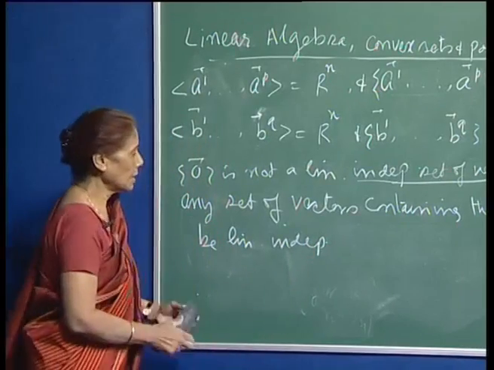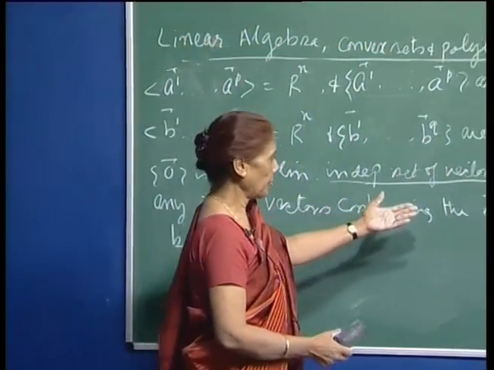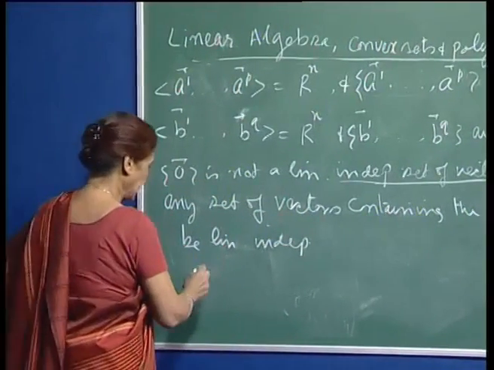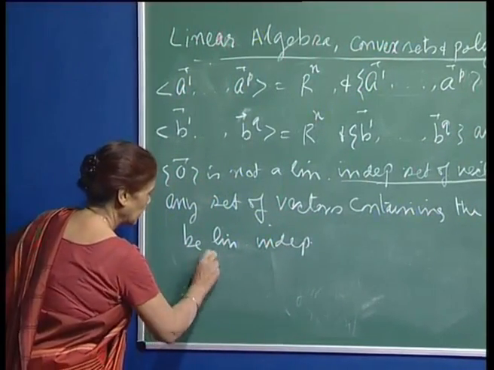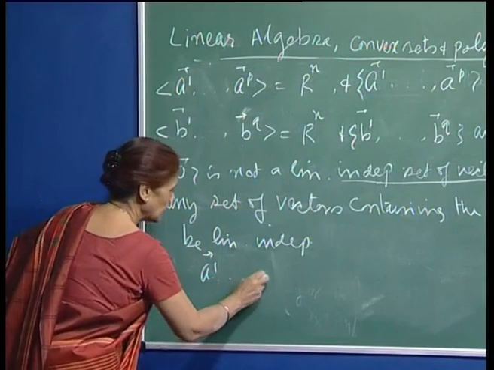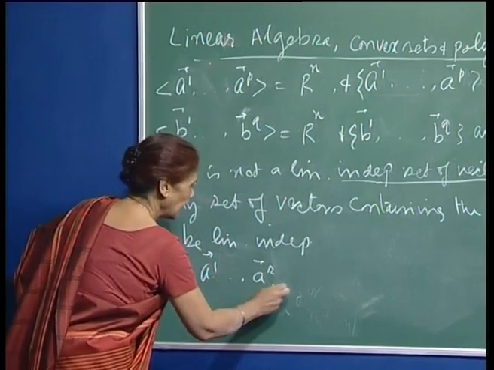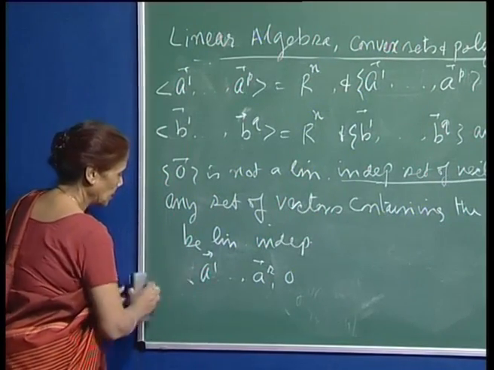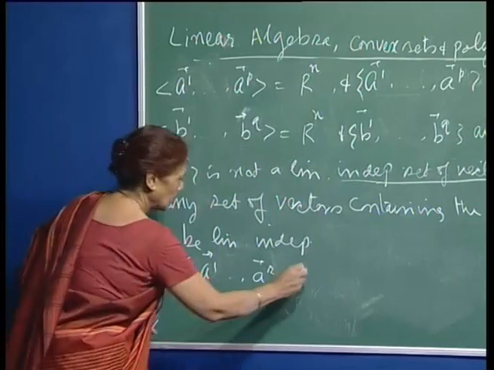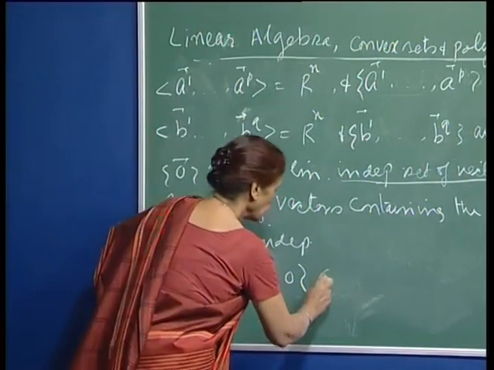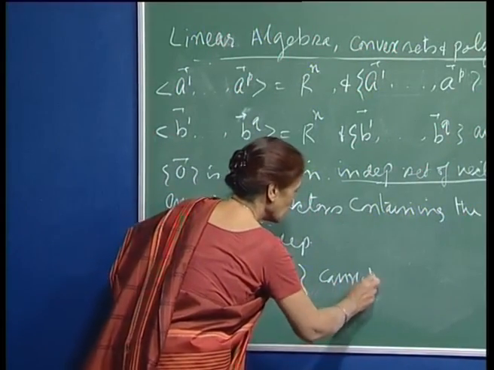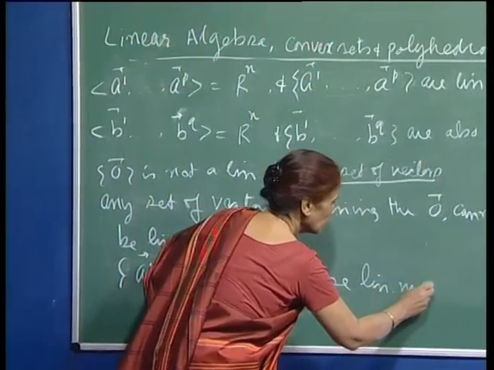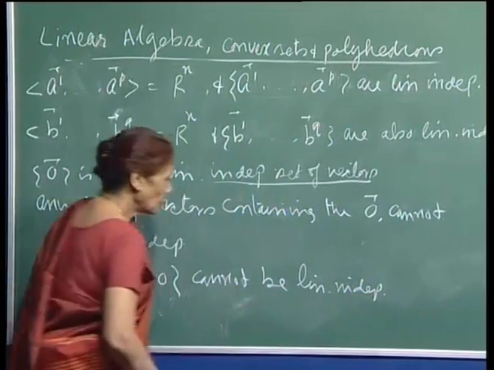Because if you have the 0 vector, take any set, let us say A1 to AR, and the 0 vector. This cannot be linearly independent. Why?